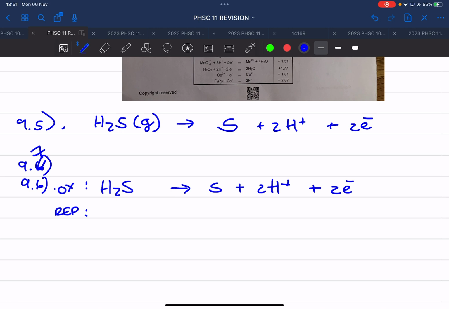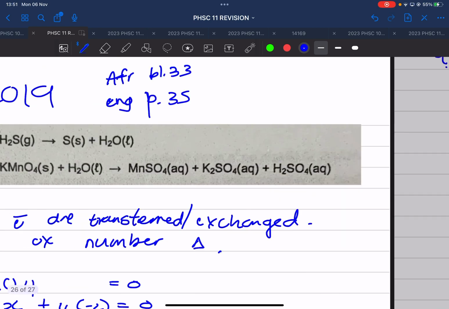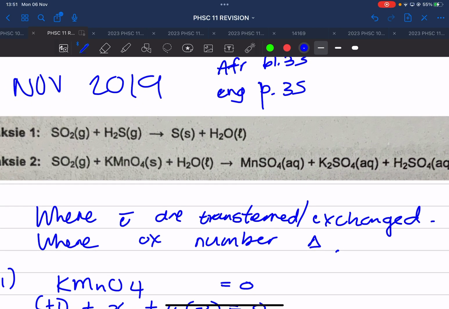In my reduksie half reaksie moet ek waarmee begin? Kan ek maar blaai? Yes, ek kan maar blaai. Okay. So in my reduction half reaction, I must begin with sulfur dioxide. Ek moet begin met swaaldioksied.